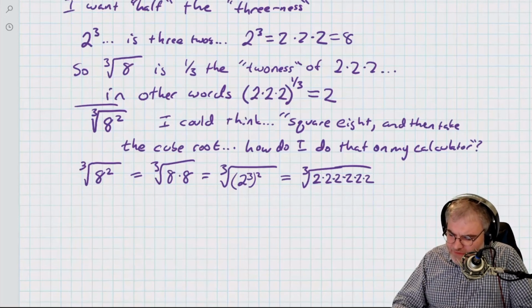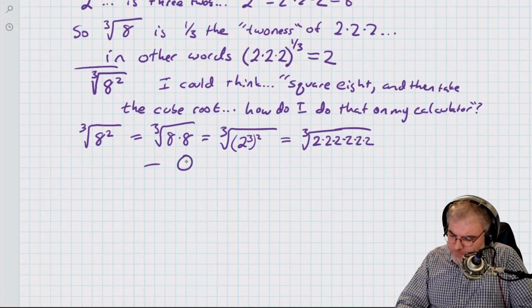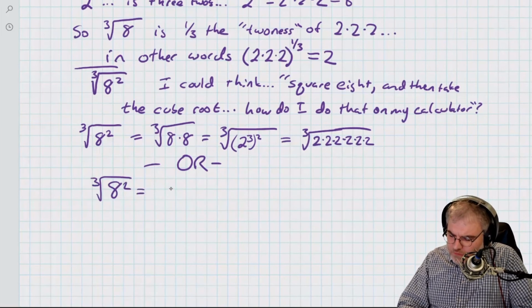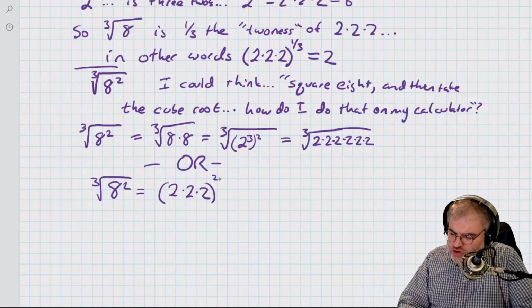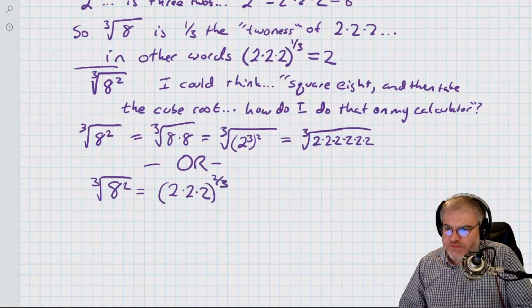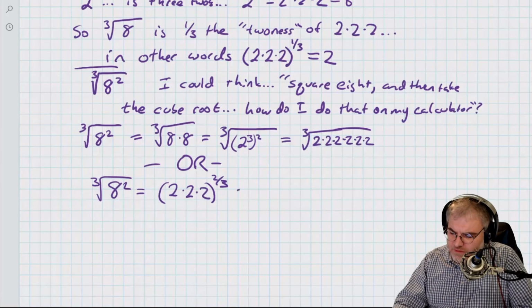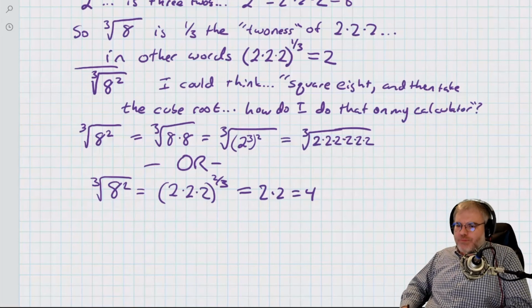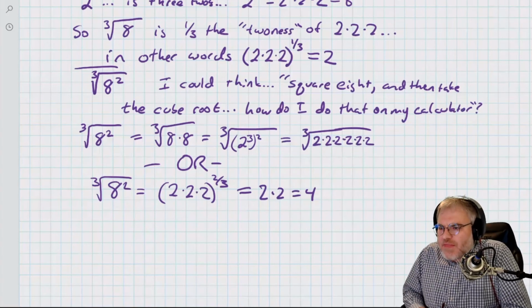Or I could think of it like this. The cube root of 8 squared equals 2 times 2 times 2, and I want 2/3 of the 2-ness. So I take 2/3 of the 2. How do we feel about that, 1 to 5?